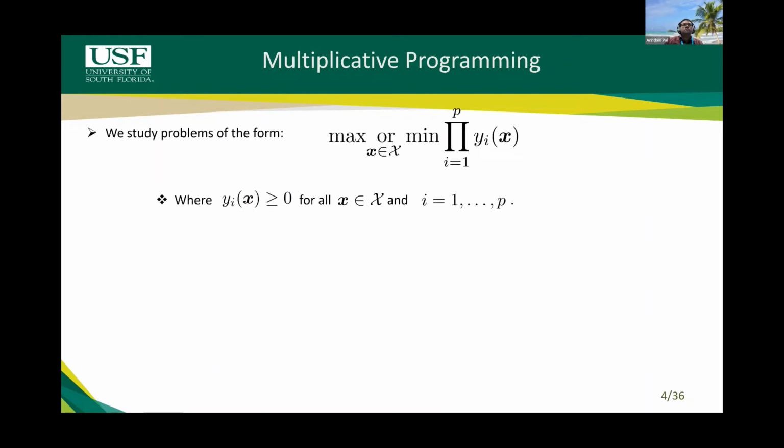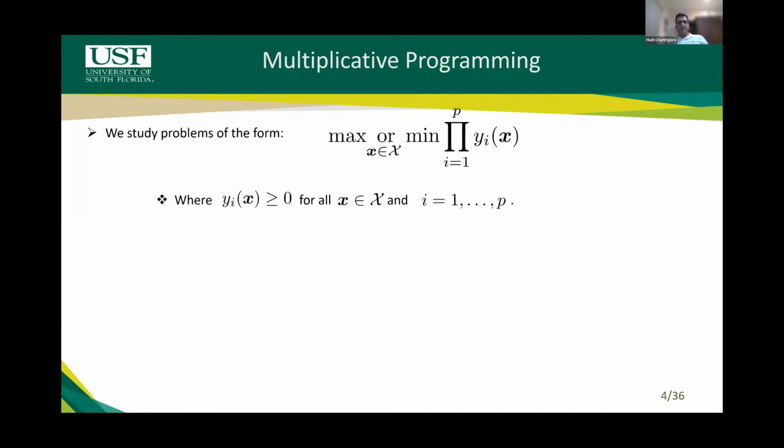Okay. So this is a multiplicative program, the problem that I actually want to talk about today. You're trying to maximize or minimize a multiplication of some non-negative functions. Okay. So these are functions that are non-negative over all feasible solutions.